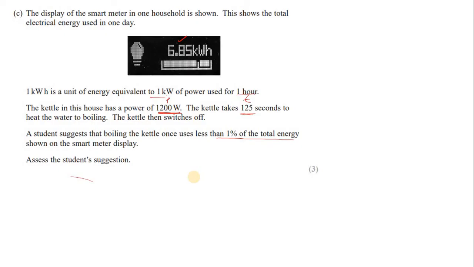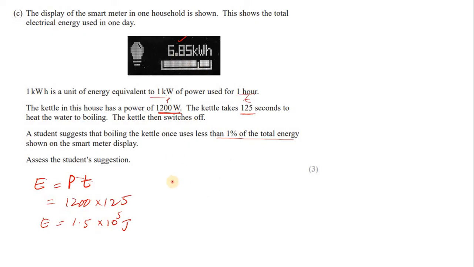That's what we need to find. So first we find how much energy is used by the kettle. So energy used by the kettle, E is equal to power times time. And power is 1200 and time is 125 second. So energy used by the kettle will be 1.5 into 10 to the power 5 joule. So this is the energy used by the kettle. And now the total energy for one day that is given.